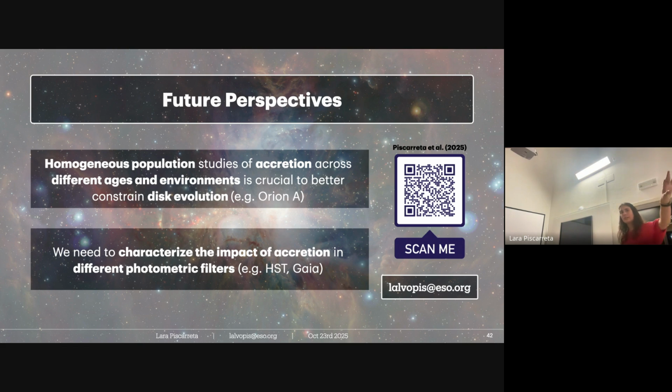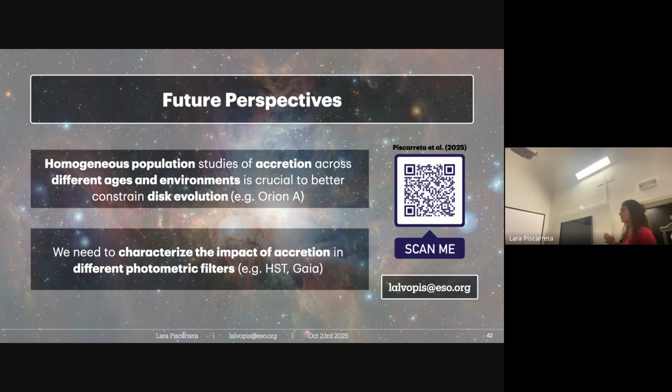Another thing is that we need these homogeneous population studies of accretion across different ages and environments. This is crucial to better constrain disk evolution and to inform disk evolutionary models. Right now we're working on a big population of more than 70 disks in the entire Orion A cloud.